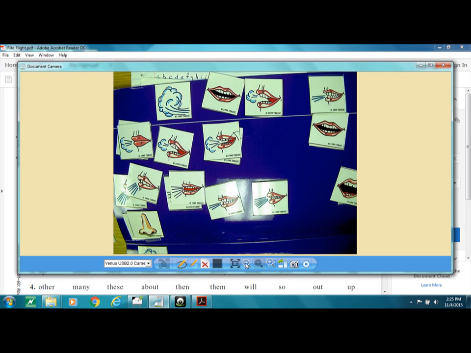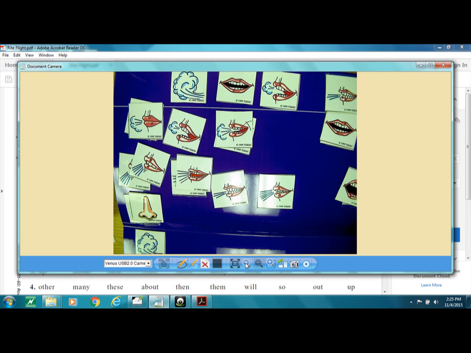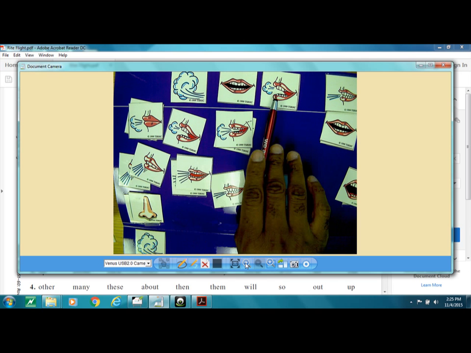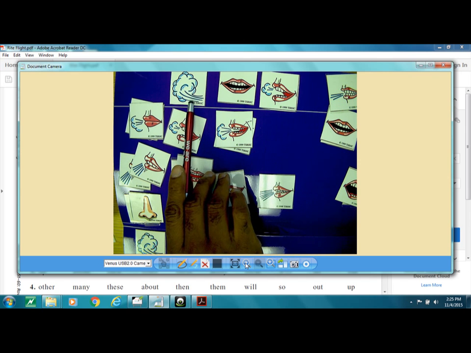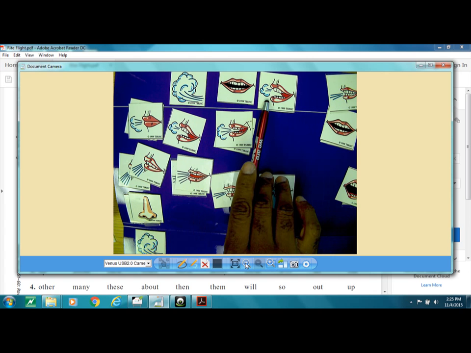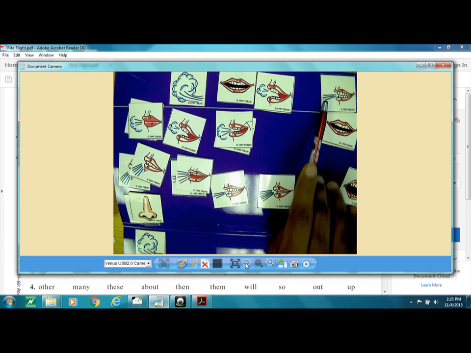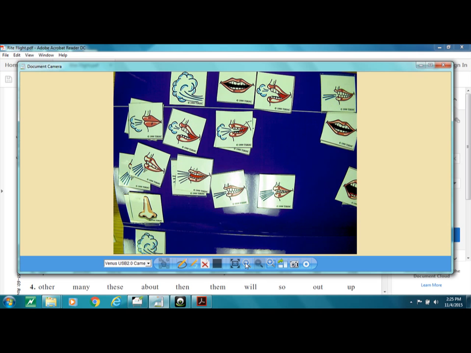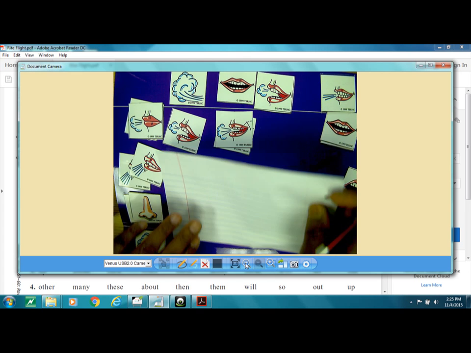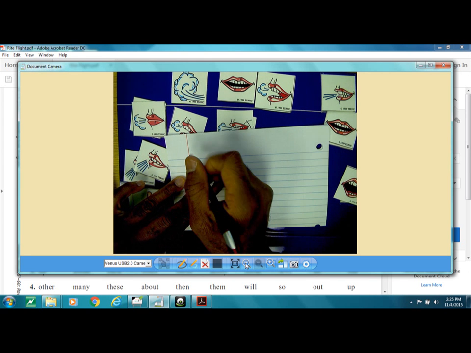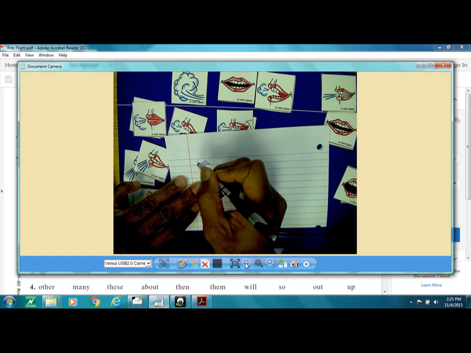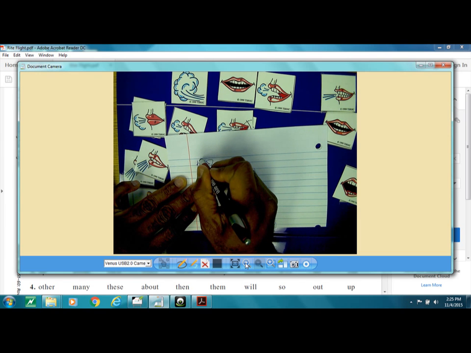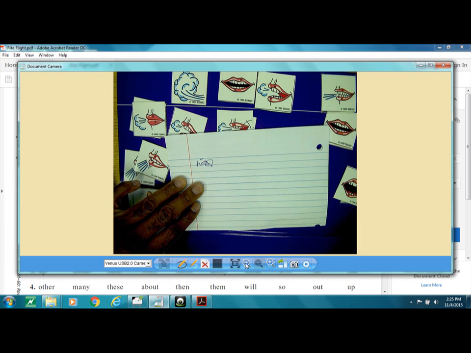Our derivative is over there on the end. So let's decide. These all go with our base word and our derivative is over there on the end. This will be H, A, T, S. Name the letters and write them, please. And that will look like H-A-T-S. You should have written that on your paper. You box your suffix. A vowel in a closed syllable is short, and that's hats.